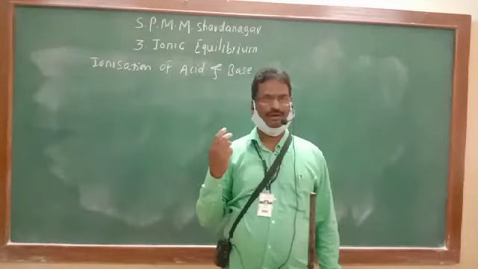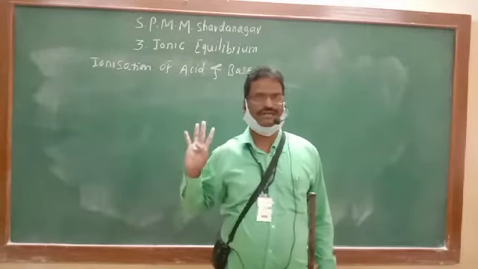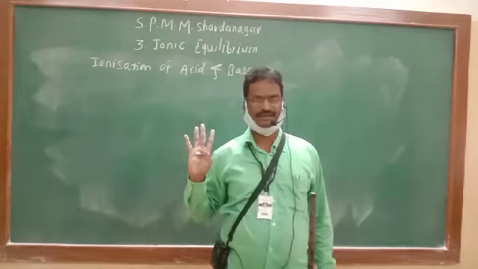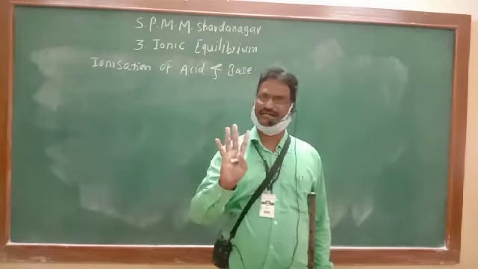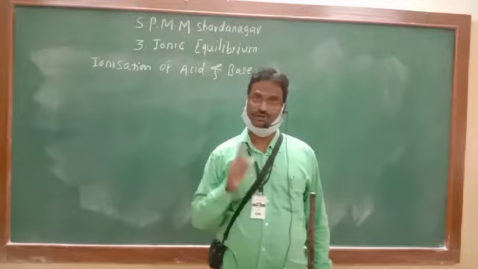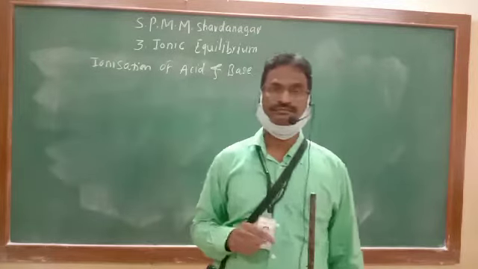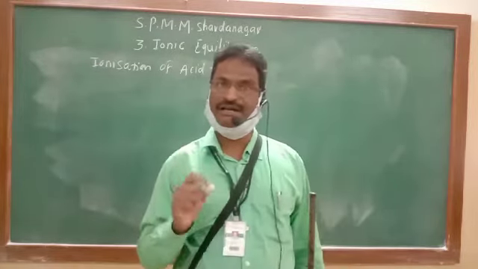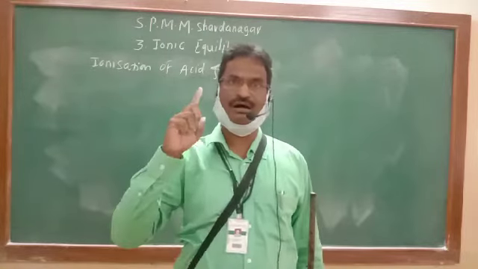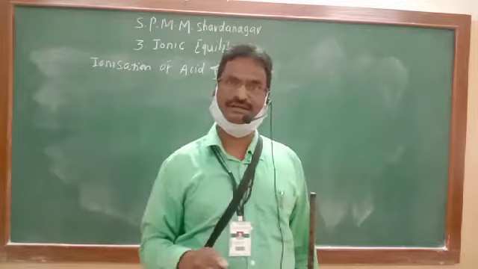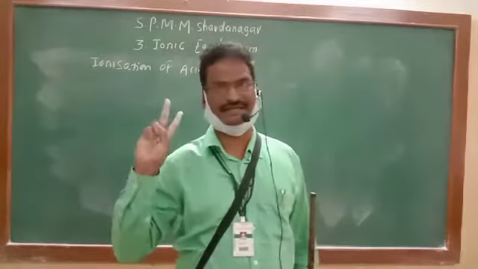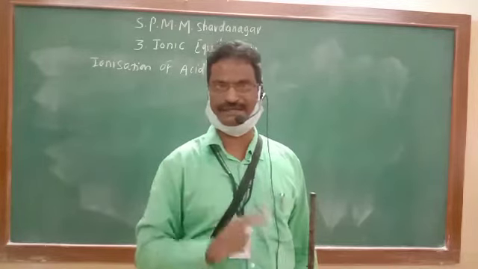We know acids gives H plus ions, bases gives OH minus ions whenever they are dissociated. So depending on whether the degree of dissociation is 100% or it is less than that, there are two type of acids and two type of bases.